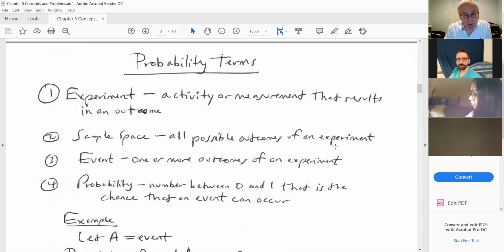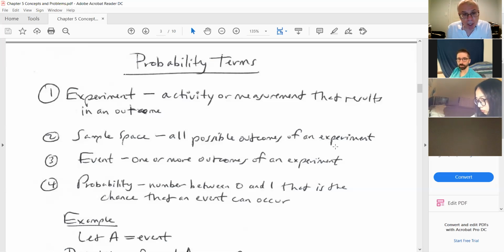So let me give you an example with the flipping of the coin. A sample space for the flipping of a coin would be heads or tails. There would be two possible outcomes when you flip the coin once. So the sample space would consist of two possible outcomes, heads or tails. If you flip the coin twice, there are four possible outcomes. What are they?